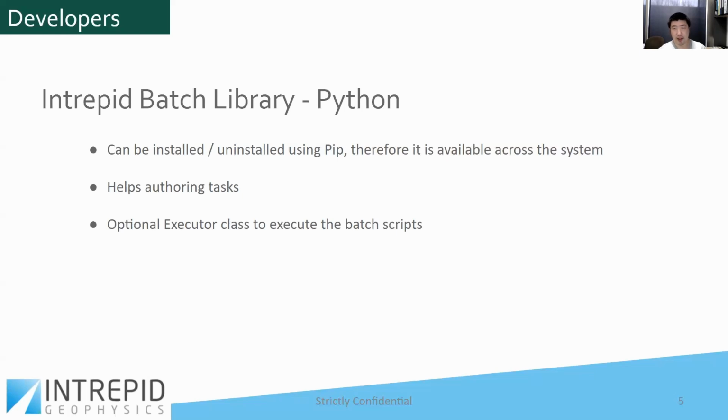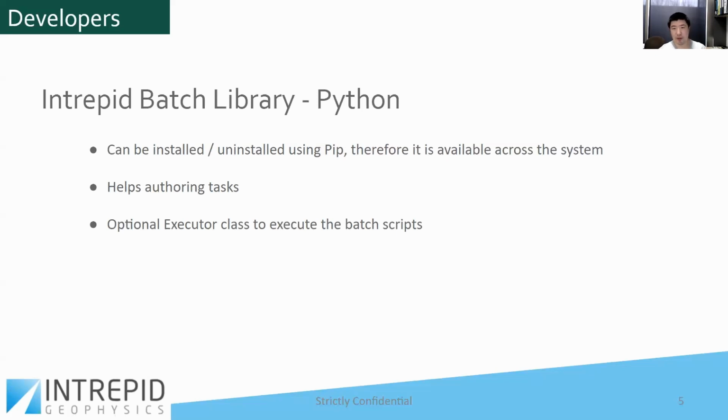Instead of writing the task files by yourself using a text editor, you can use the Python APIs to help you author the tasks. One of the great things is that because it's a programming language, you can use any IDE that supports Python, like Visual Studio Code.